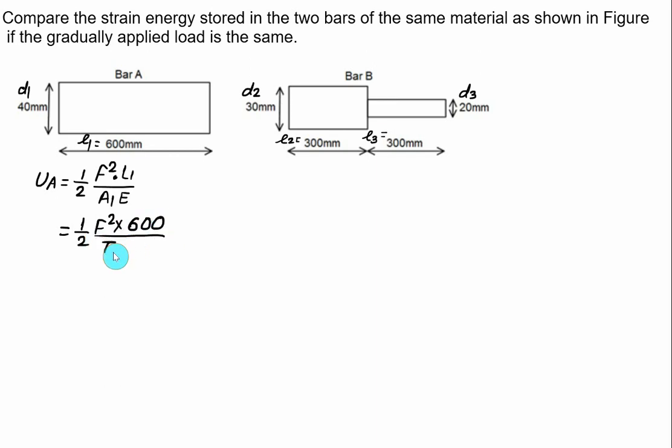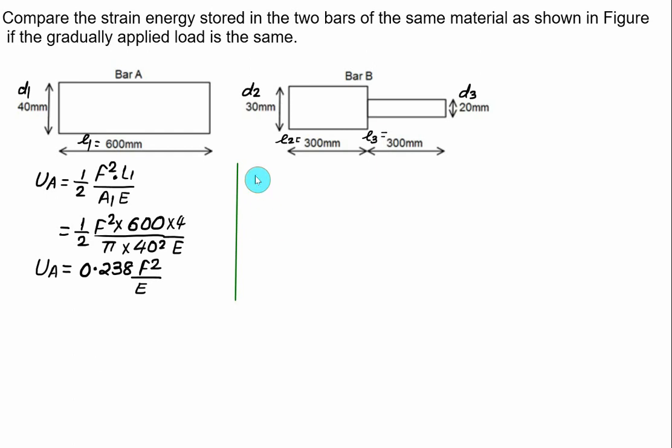So 4 will shift in numerator, and we have diameter D equal to 40, so we have 40 square divided by Young modulus E. Solve this, you will get the strain energy UA in the form of F square divided by E. So that value is close to 0.238 times F square divided by Young modulus E.